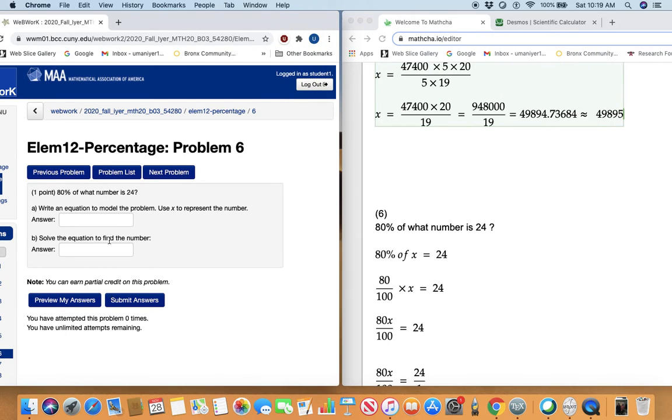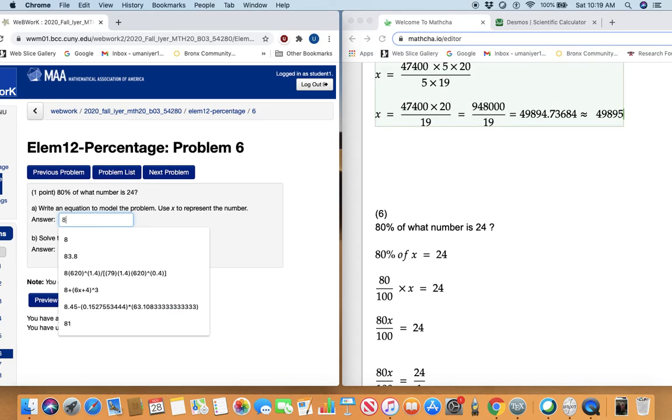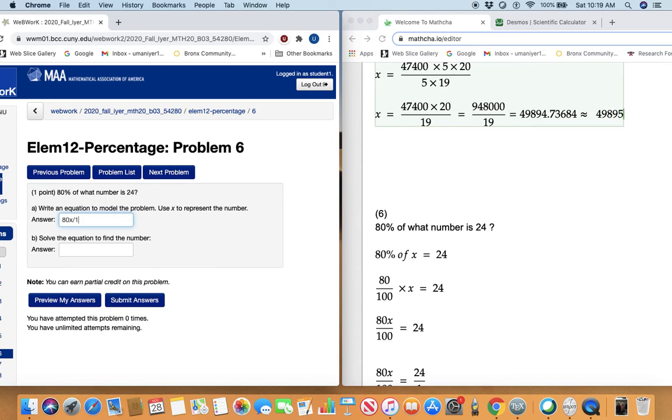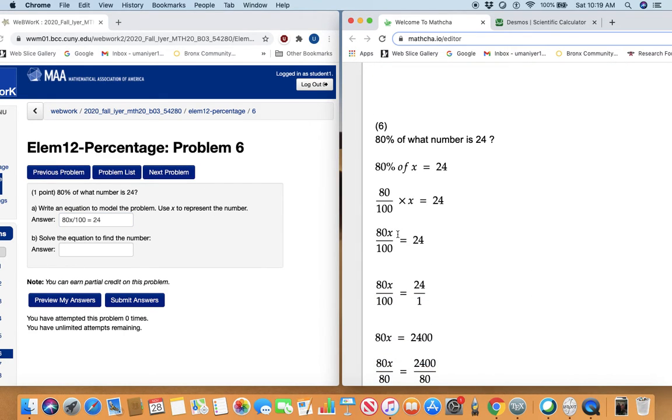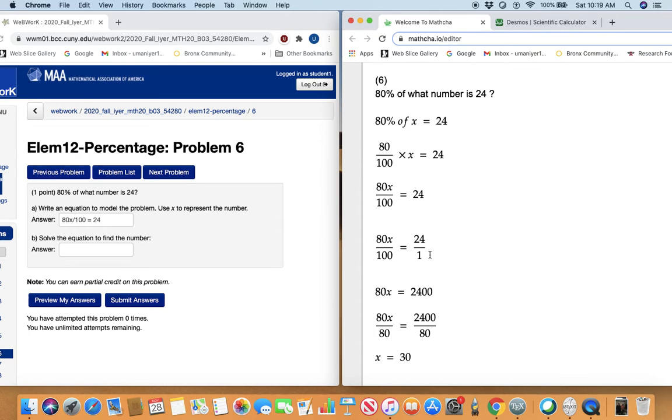80x over 100 equals 24. Now to solve for it, 24 is 24 over 1. Now I can cross multiply. This is a proportion. With an equality, you have ratio equals ratio, that's a proportion.